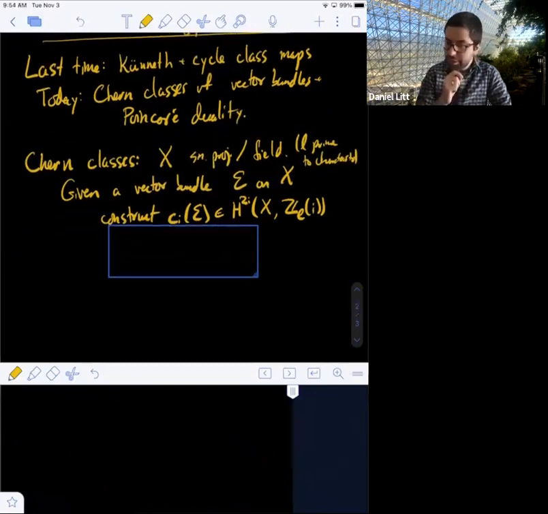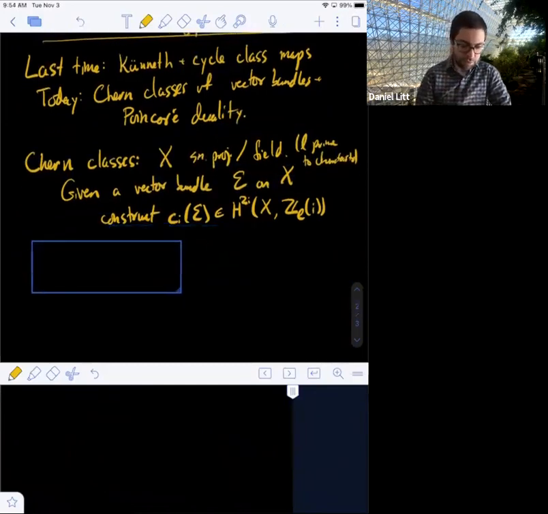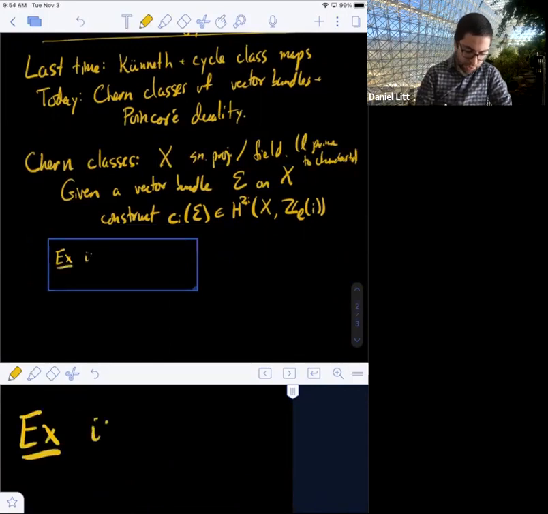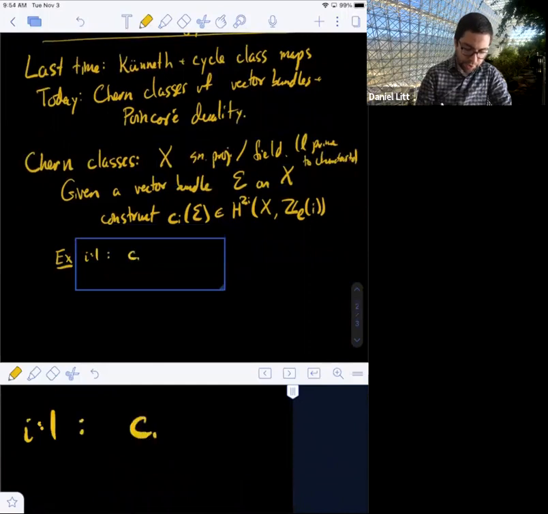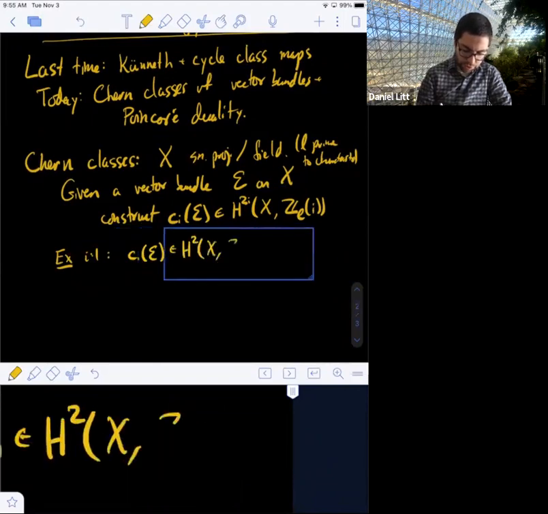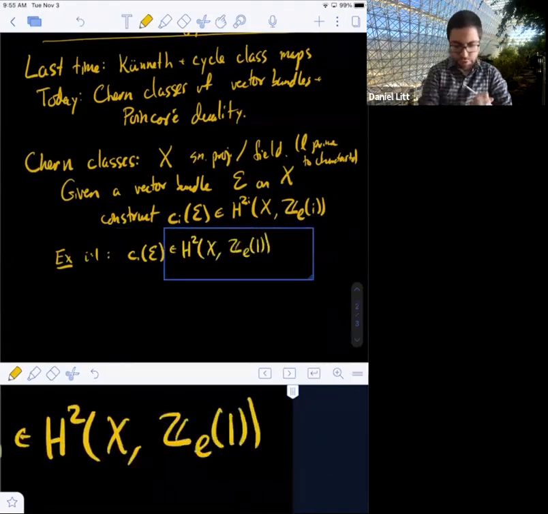Okay, so we've already seen one of these. So for example, for i equals 1, we want C1 of E to live in H2 of X with coefficients in Zl of 1. So does anyone know how to make such a class associated to a vector bundle?